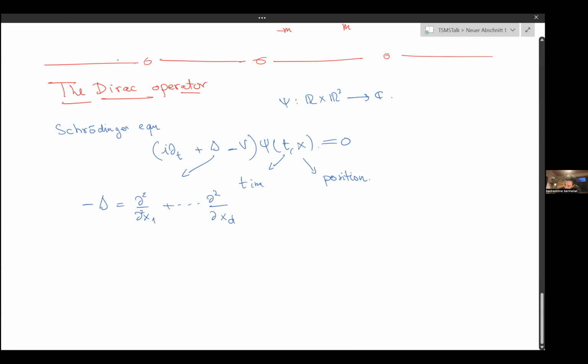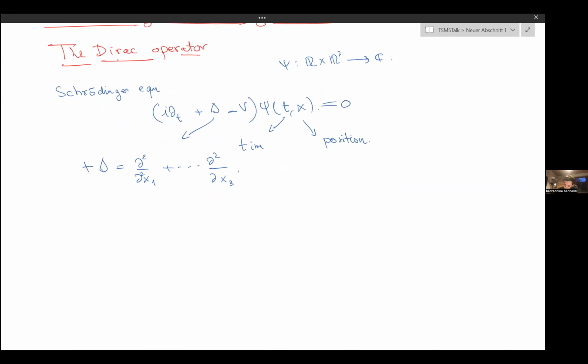So if we are here in R^d, for example here we are in R3, so this is the Laplacian, so we take the second partial derivatives.